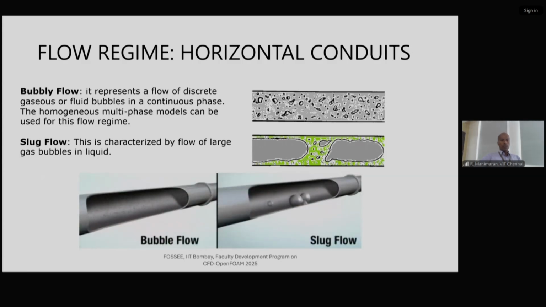The homogeneous multiphase models can be used for this flow regime. You can see some very small bubbles. Whereas a slug flow is characterized by the flow of large gas bubbles, which you can see in this cross section of the pipe.